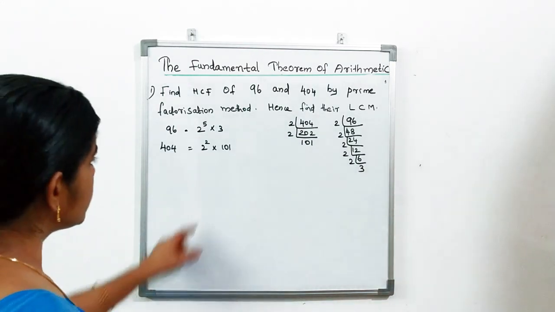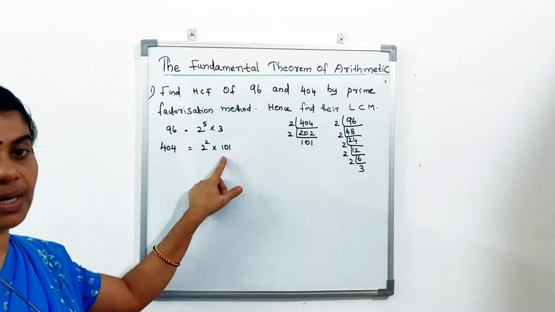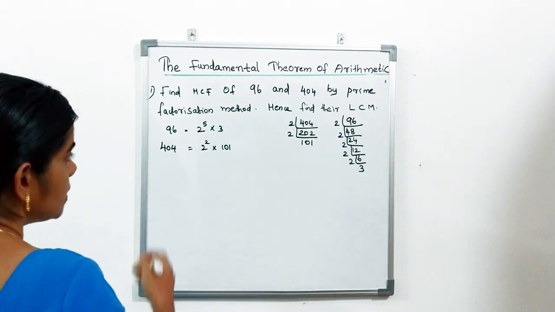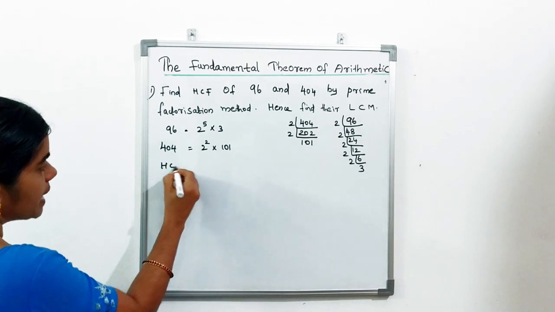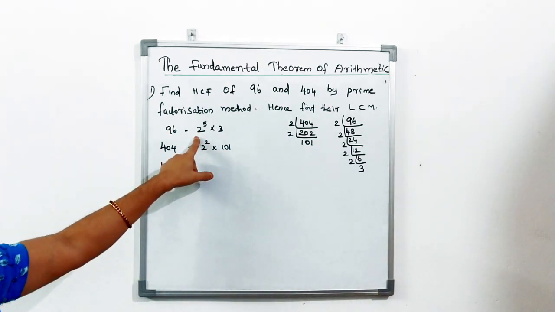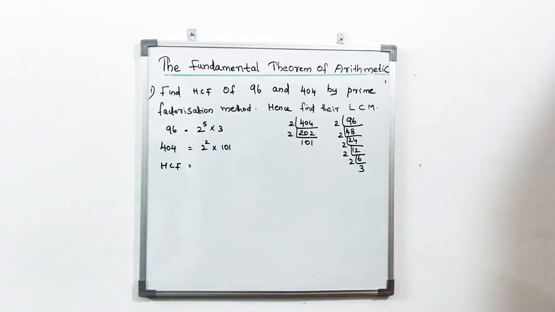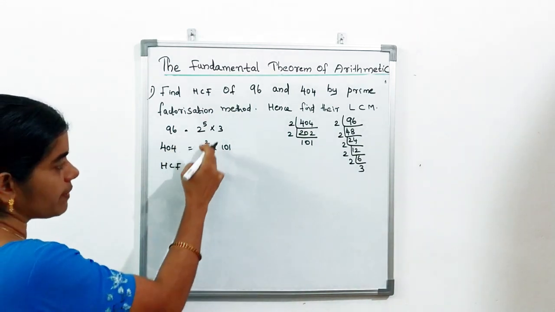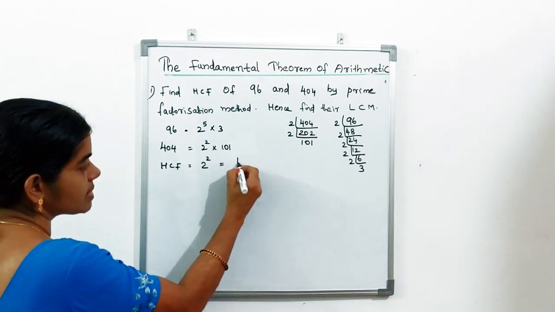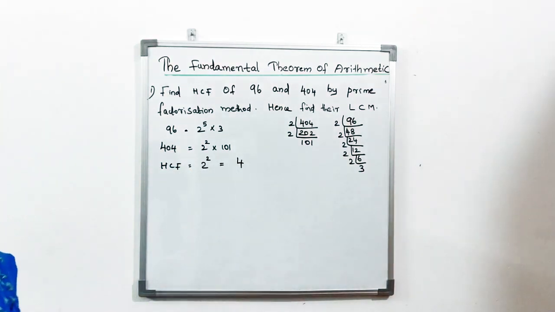Because 101 is a prime number, we can't further divide 101. Then HCF means highest common factor. Here the common number is only 2, with its smallest power. Here 2 raised to 5 and 2 square, 2 square will be the smallest power. Therefore 2 square, that is equal to 4, will be the HCF.